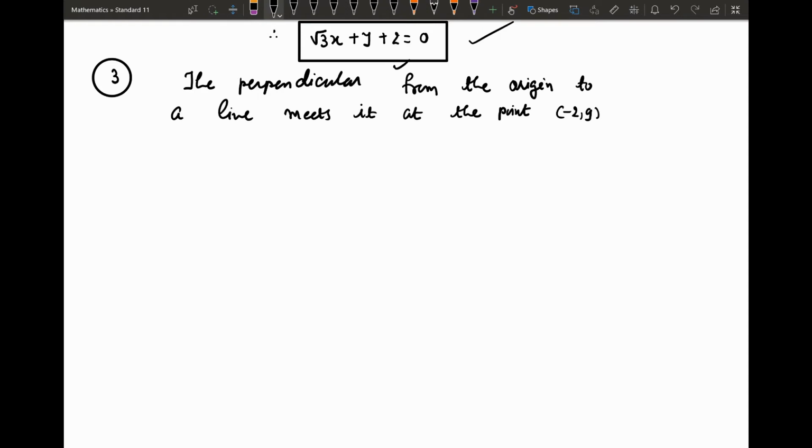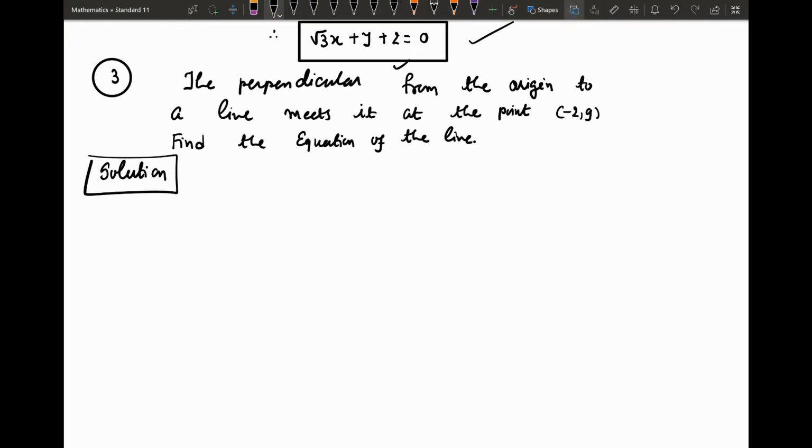Find the equation of the line. Solution. The question is: the perpendicular from the origin to a line meets it at the point minus 2 comma 9. Find the equation of the line.